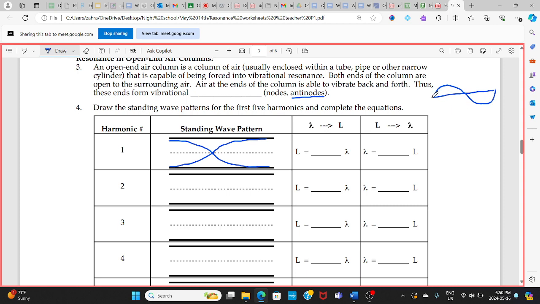It is a full lambda. Maybe I just continue that. This is two lambda, right? The distance between the maximum to maximum, I know it's gonna be one lambda, but don't be confused here. Don't let that confuse you.